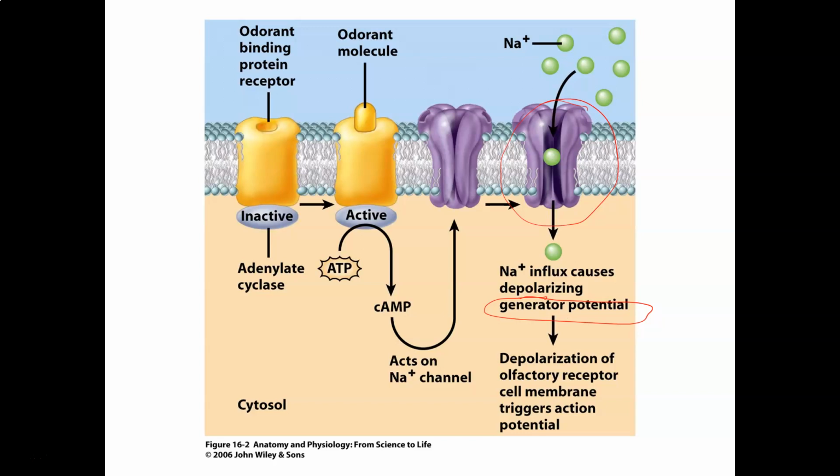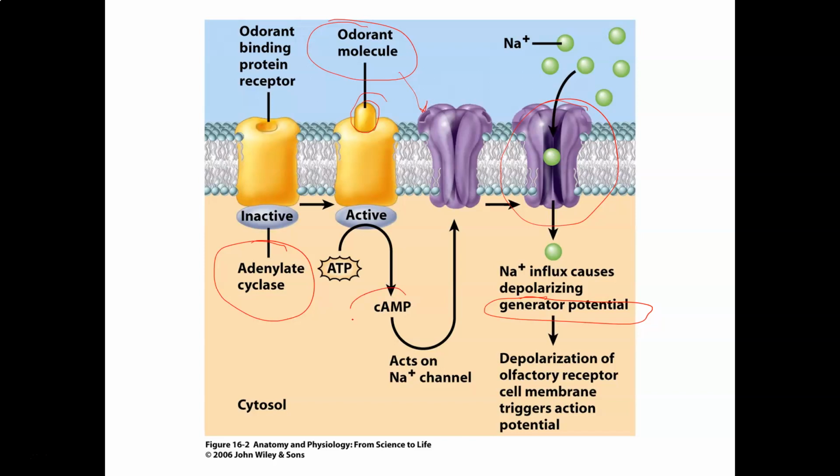So in this case, it's a chemical that does it. Although notice it's not always direct. In other words, the odorant molecule is not binding to the gate directly. It's binding to an enzyme called adenylate cyclase. So here it is binding to it. And when it does, it turns on this enzyme, which converts ATP to cyclic AMP.